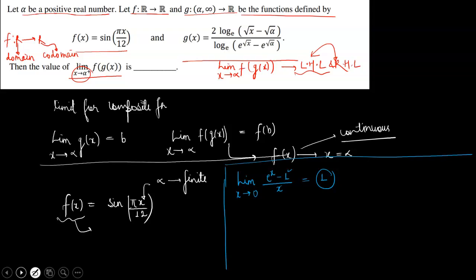Okay, so let's move on to our question, which is f of gx. f of gx will be sine pi by 12 gx.